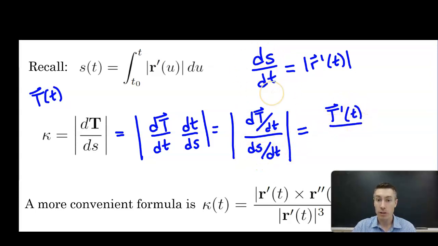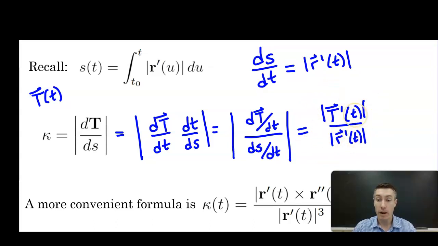And as we established from differentiating the arc length function by the fundamental theorem of calculus, that's going to be the magnitude of r prime of t. And all of that's inside the magnitude, so I'll just put the magnitude also around the derivative of the unit tangent. So now we have a definition in terms of only t.